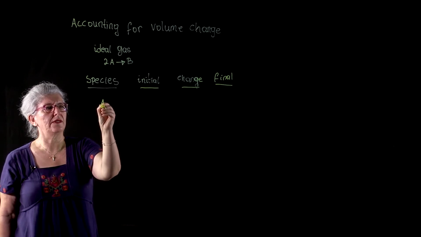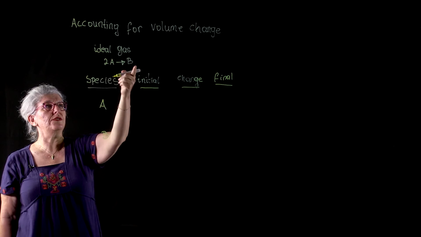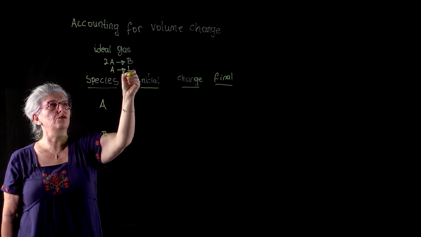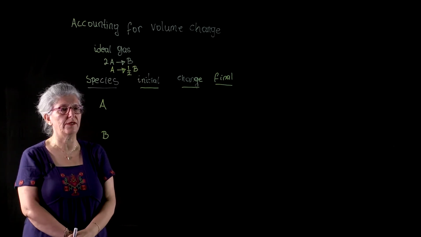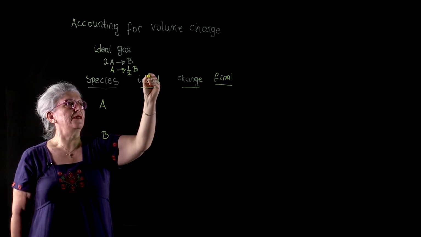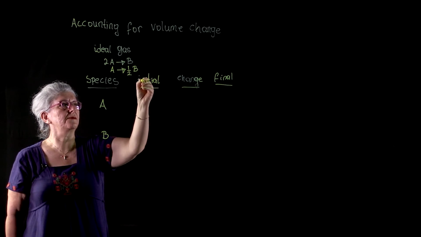We have species A and species B, and of course we are going to reduce this reaction to A going to 1/2 B to have A with unity stoichiometric coefficient, which helps us carry out the mathematics a little more easily.